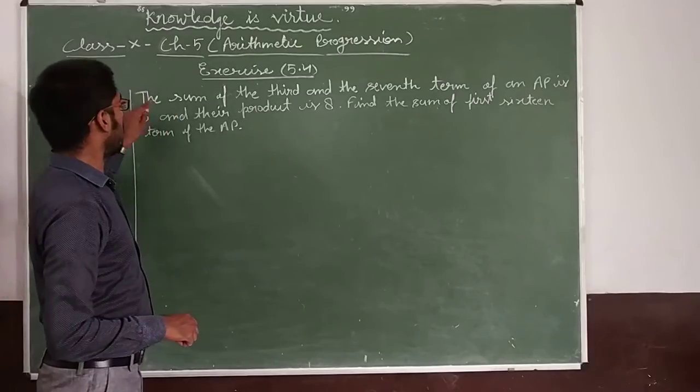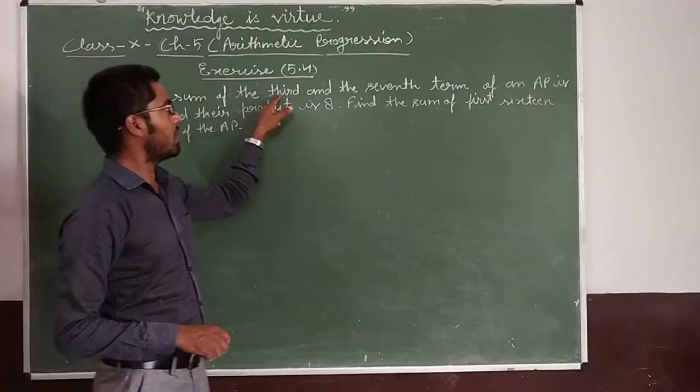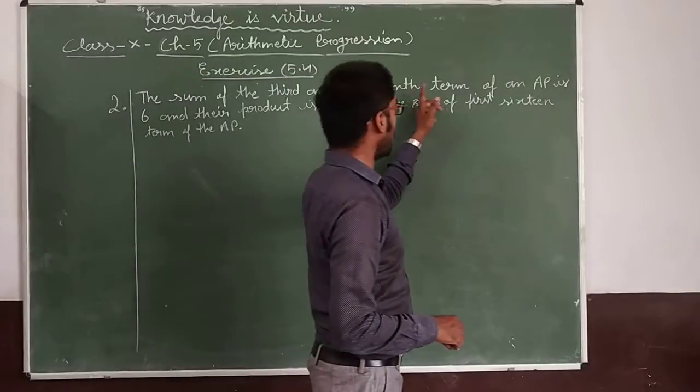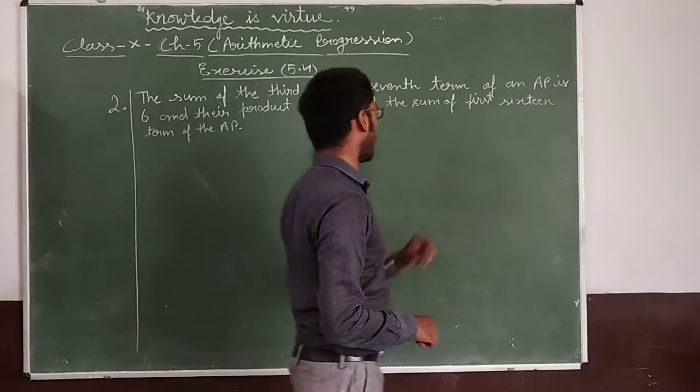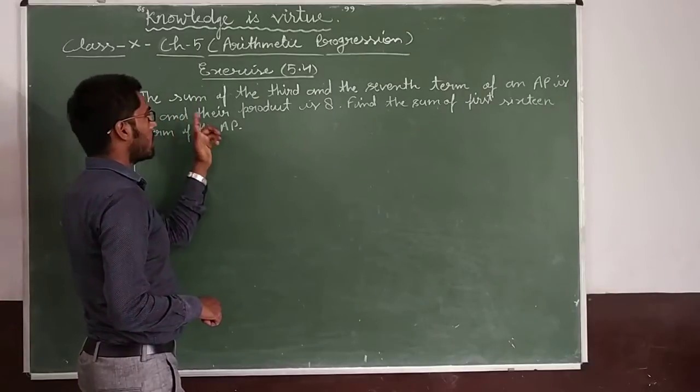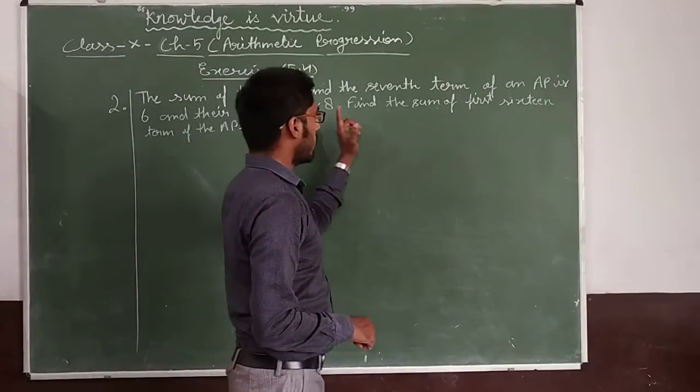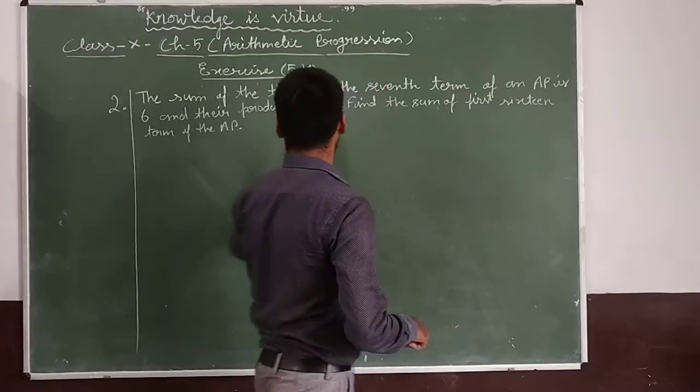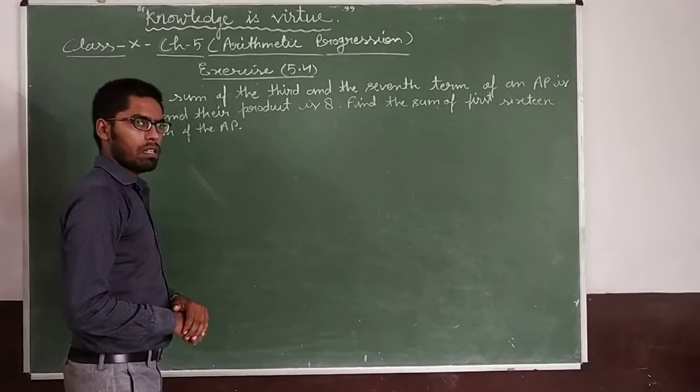Question number two: the sum of the third and the seventh term of an AP is 6 and their product is 8. Then find the sum of the first 16 terms of the AP.